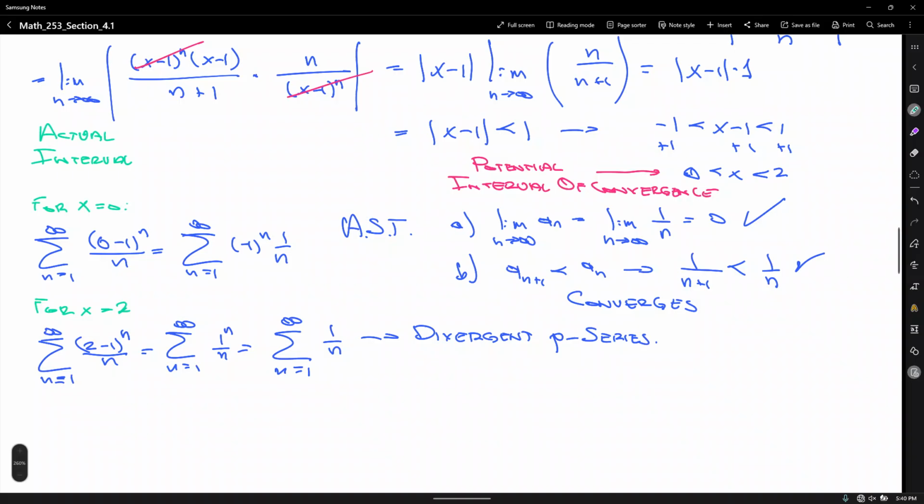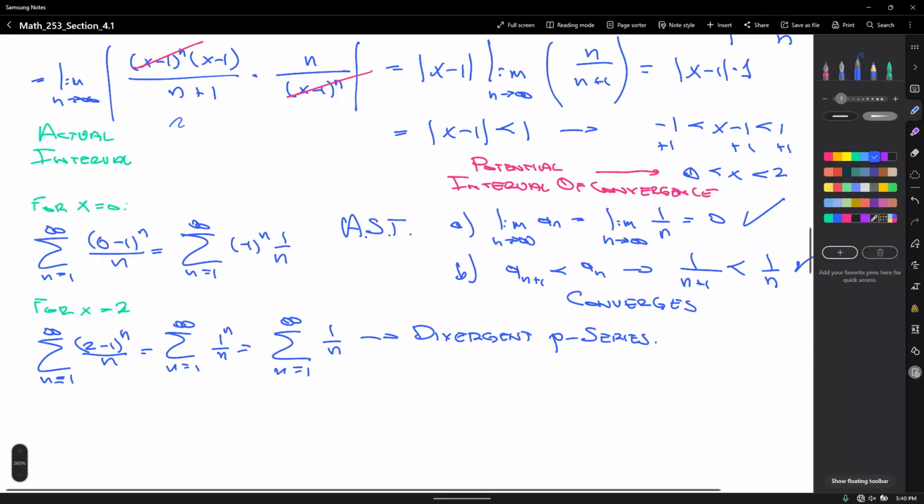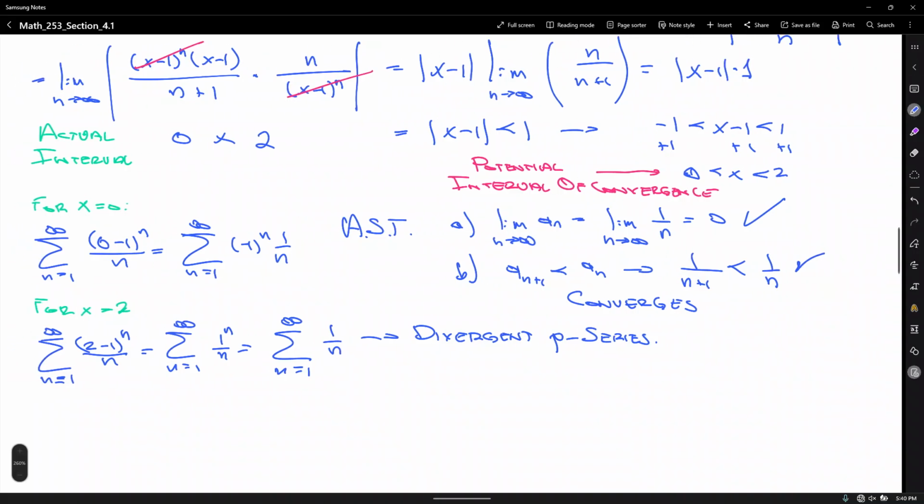We're still going to have the following between 0 and 2. However, because for the lower endpoint x equals 0 we end up with a convergent series, that becomes less than or equal. Because for the upper limit x equals 2 we got a divergent series, we don't include that endpoint. So this is just less than only.